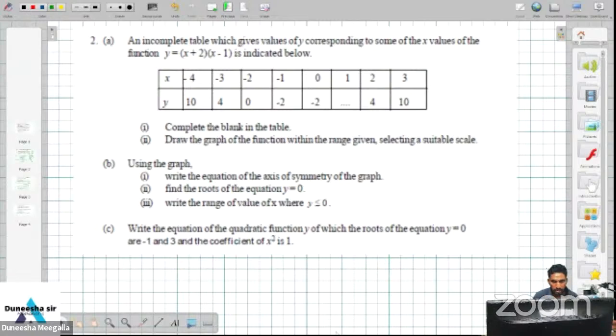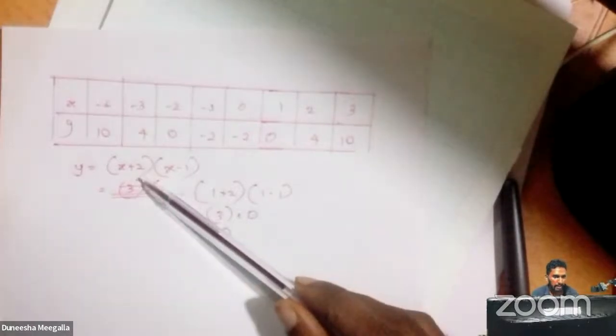Okay, did you fill the blank? What is the answer for the blank? Did you get 0? Did you substitute? Our function is y equals (x plus 2) multiplied by (x minus 1).